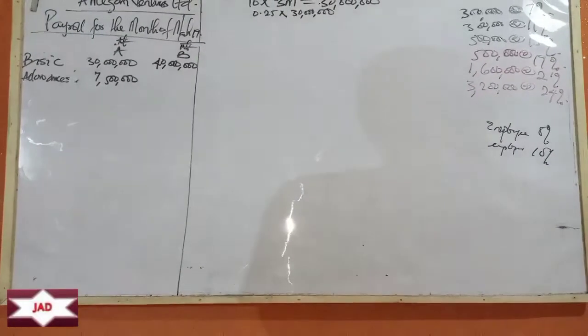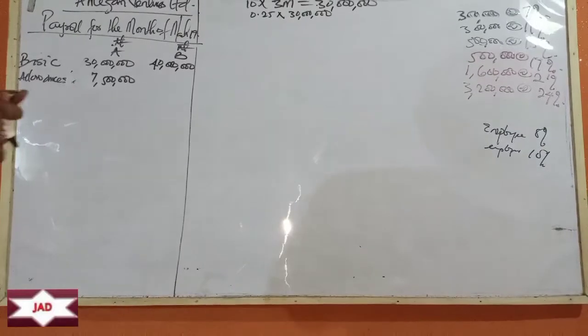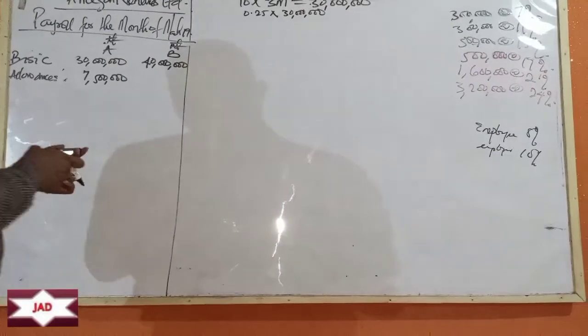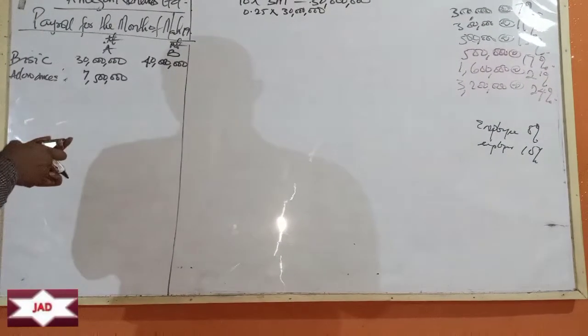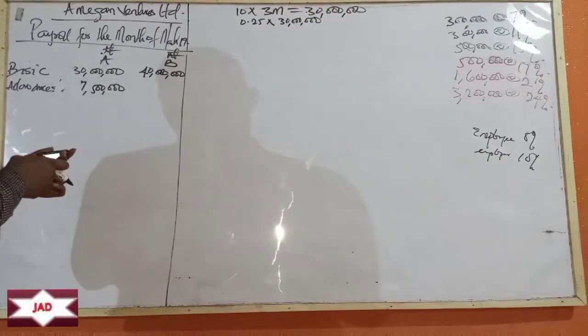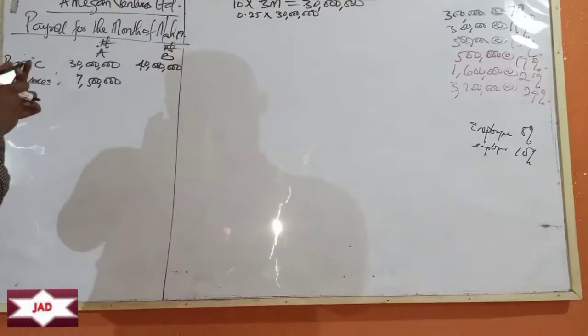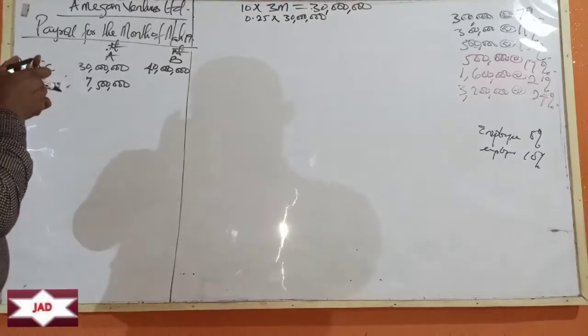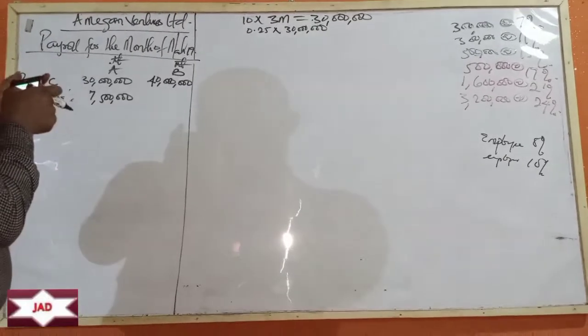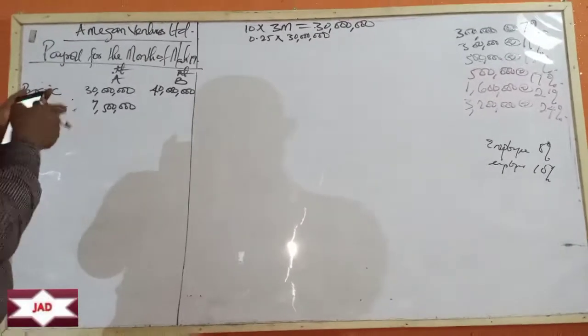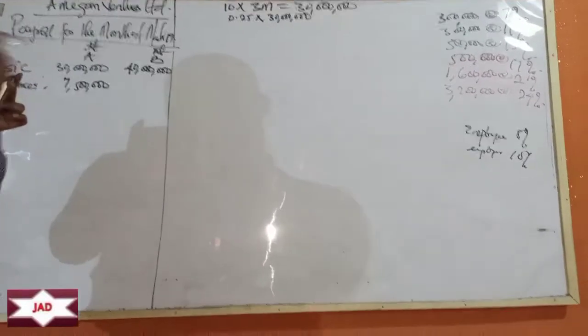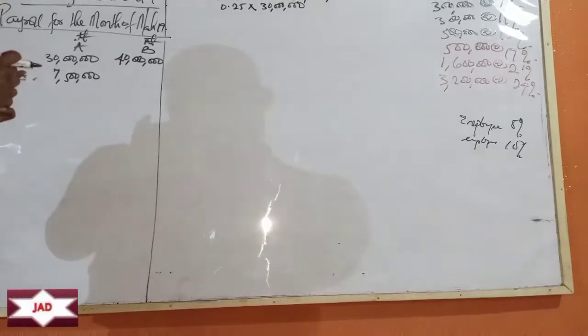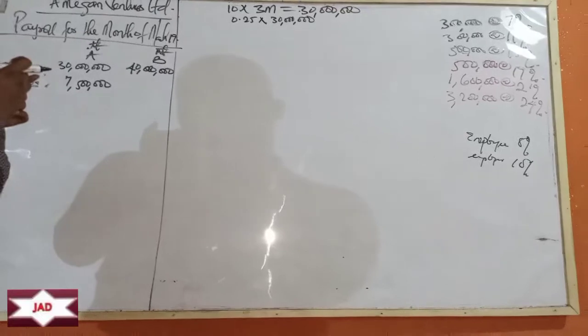Okay, so we have 0.3 times 40 million. No, this is 40 million. 40 is 12 million.